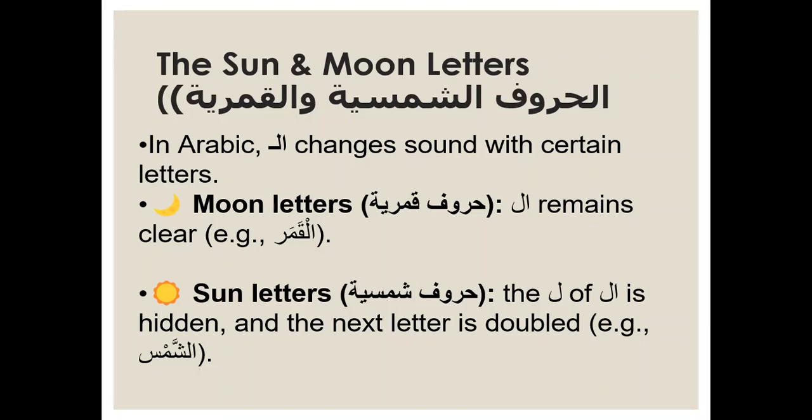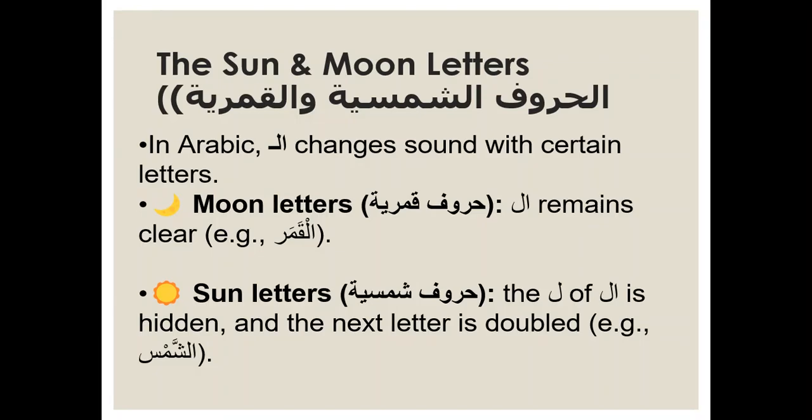Let's say, for example, al-qamaru. You can see the alif and lam is clear. We have al-baytu. You can see the al there is clear. We have al-kitabu. The alif and lam there is also clear.